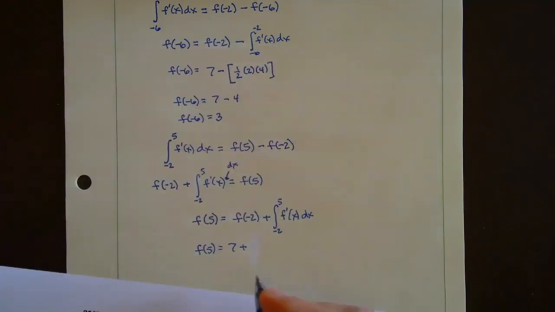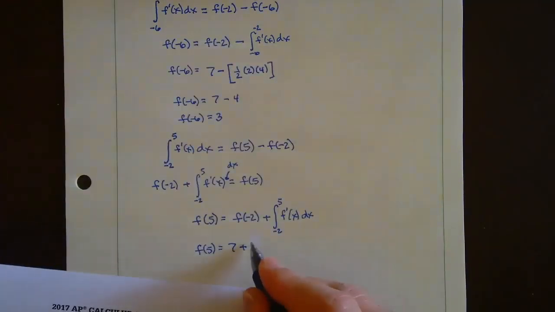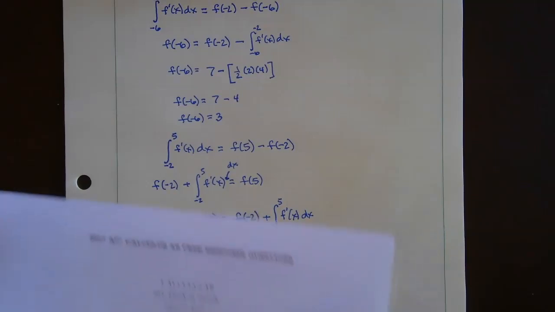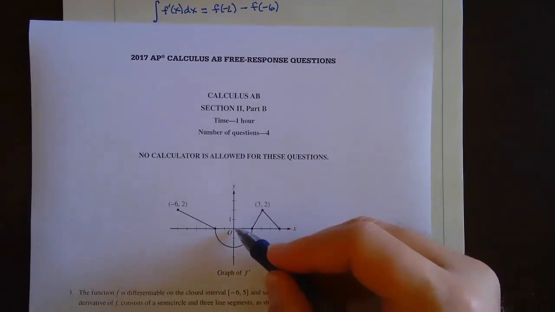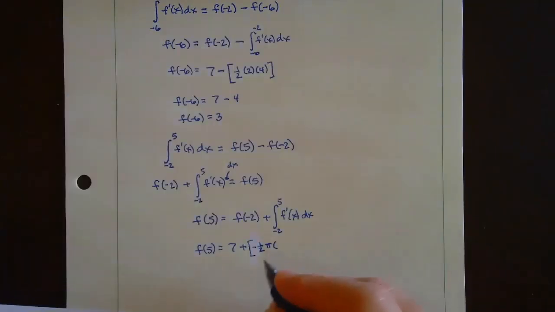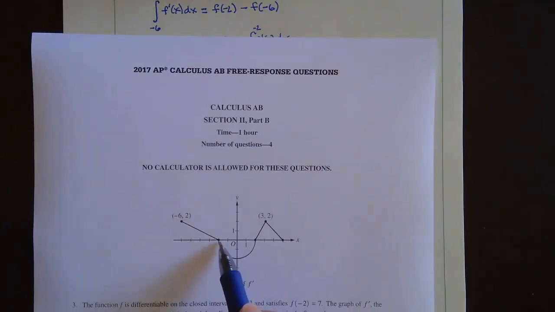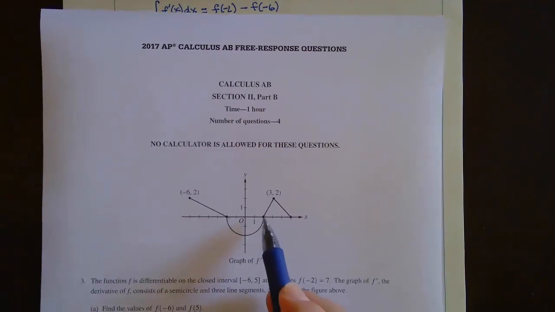So this would be plus, and it's going to be -1/2, because it's a half circle, pi times my radius. And the radius of this is 2, so minus 1/2 pi 2 squared. And that takes care of the integral part from -2 to 2.